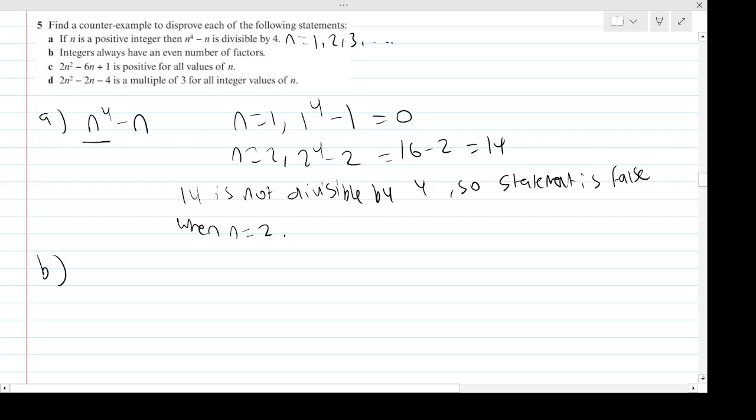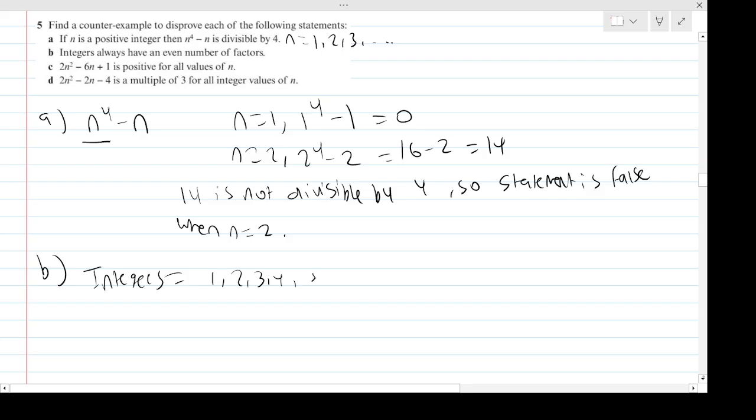Again, we're going to consider the first few numbers. So integers again are 1, 2, 3, 4, and so on. Obviously, you could have 0 and minus 1, but I think it's easier to consider from 1.